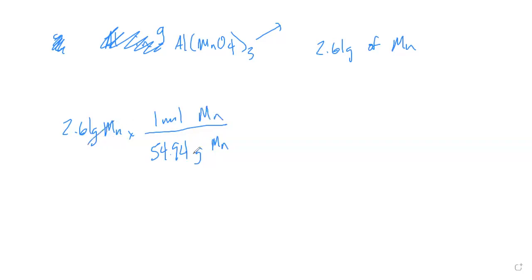So my grams of manganese cancel. I'm now looking at moles. From the chemical formula, I can say every 1 aluminum permanganate has 3 manganese.